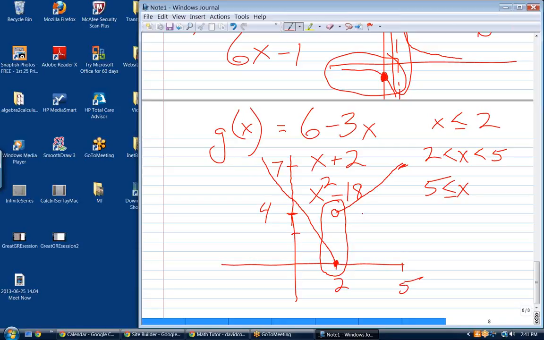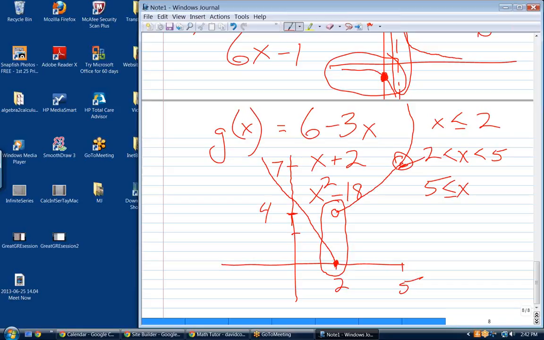The normal parabola would be like that, so this would be all the way down and then coming up like that. Only this point and this point are the same thing. Because they're both equal to the number 7, my parabola shoots up from that same end point of the middle part of my piecewise function. So there's no discontinuity there when x is 5. Notice that I go from 7 to 7.